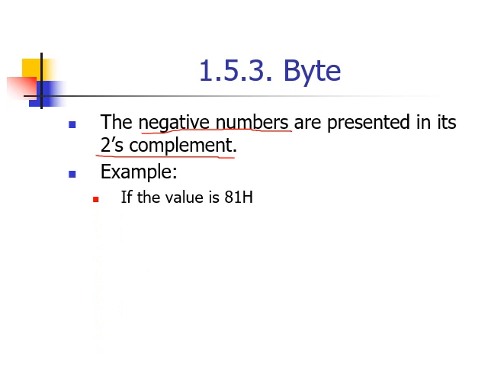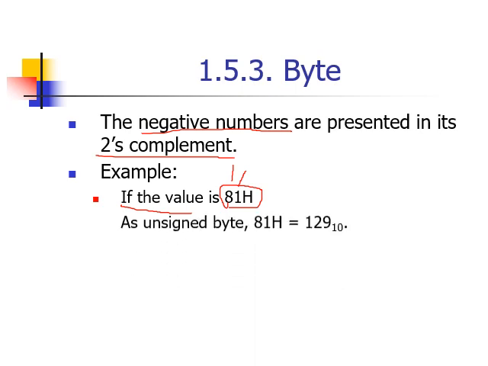For example, the value 81, this is a byte format. You have 4 bits, hexadecimal, 4 bits. If you store this number as unsigned, the decimal equivalent of 81 hexadecimal would be 129.